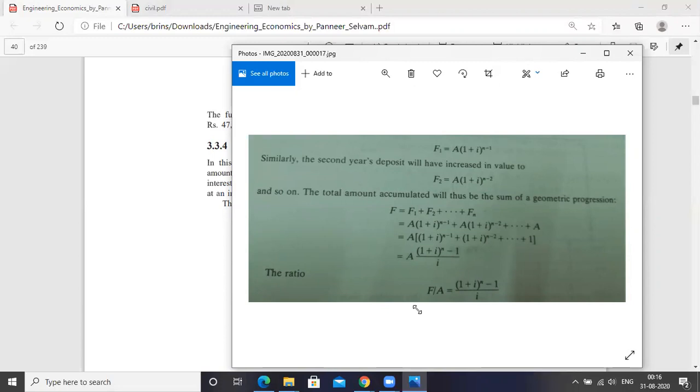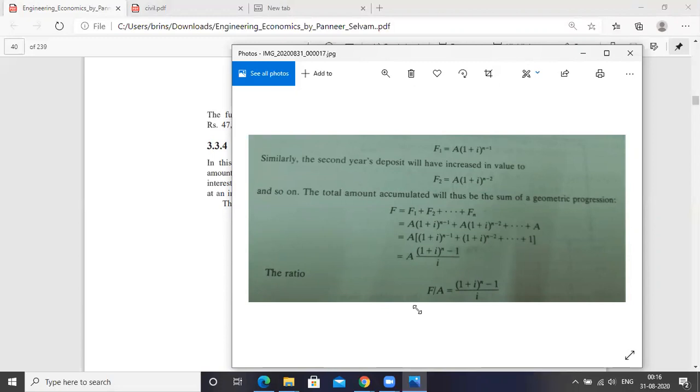Those tables give the compound interest factors for annual compounding. If you want, you can also use the charts.